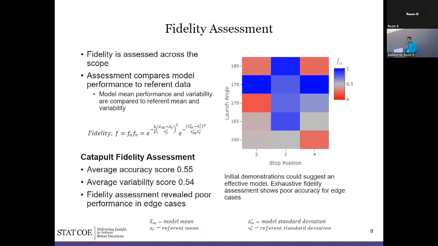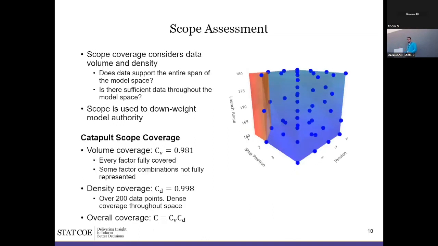So just as expected, our assessment properly found those issues and decremented our authority because of that. After we look at all aspects of fidelity across our entire space, we can then go to our next step. If you want to jump forward.